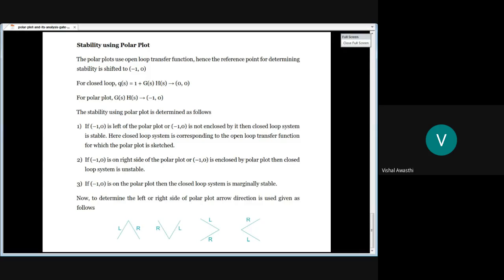Because if -1, 0 is inside then the system is unstable, if it is not inside then the system is stable. But if your plot is passing through -1, 0, then you will say the system is marginally stable. So this is the overall concept of your polar plot, how to draw the polar plot, how to get the stability of the polar plot. So this is the overall thing.